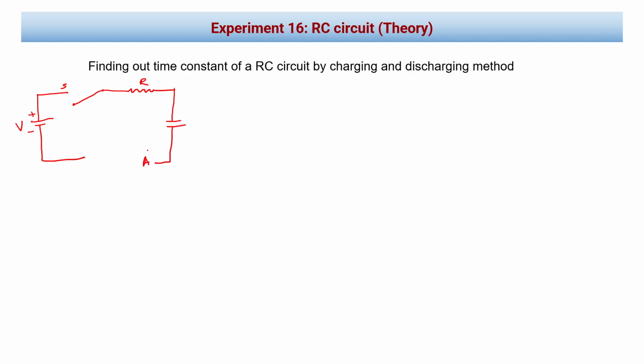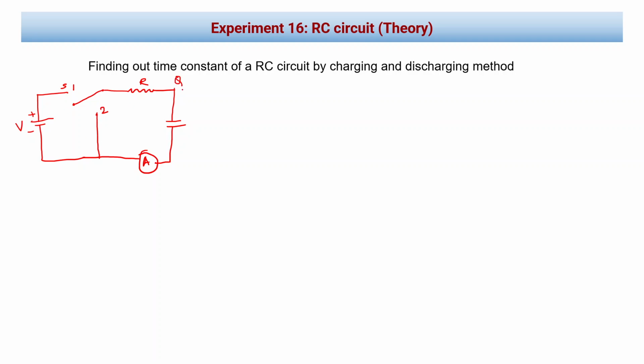We are connecting a switch also. If this is a switch, either we'll connect it with the first point or with the second point, and accordingly the closed circuit will change.